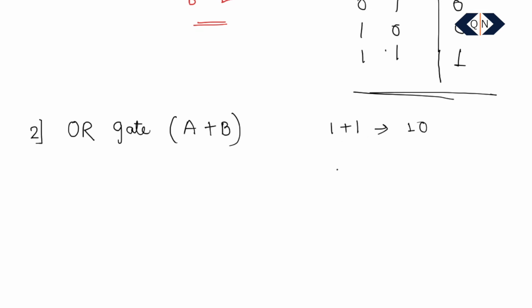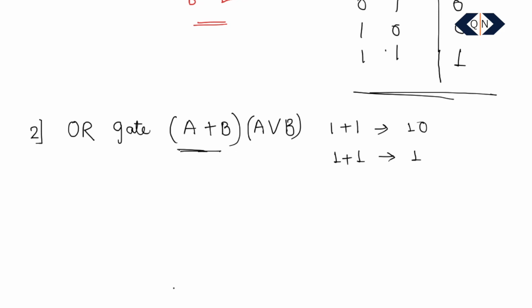But in this case, if we are adding 1 plus 1, we will always get 1. So in some books it is written as A plus B, but it is also written as A or B.